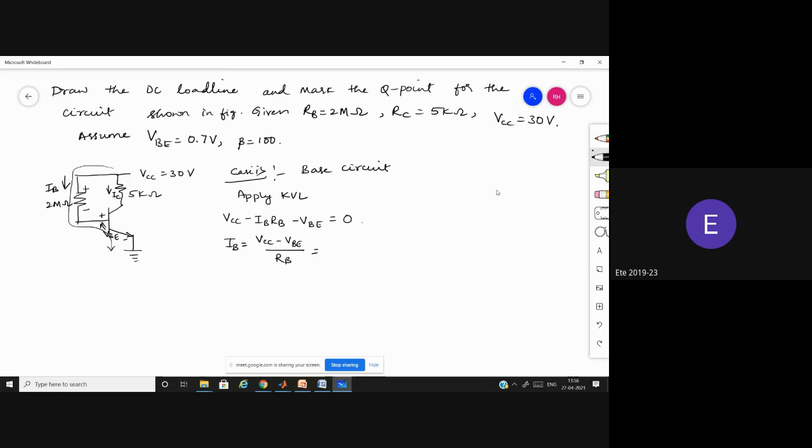I think you'll get some different answer. This, 5.86 milliamperes, sir. See, we are having 30 minus 0.7. So is it 14.65 microamperes? Yes, yes, correct. That is 29.3 divided by 2. So it is 14.65 microamps.